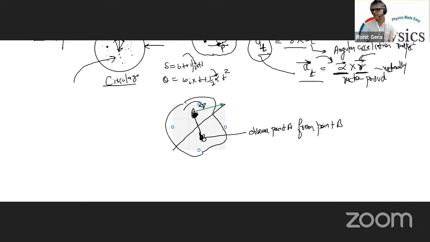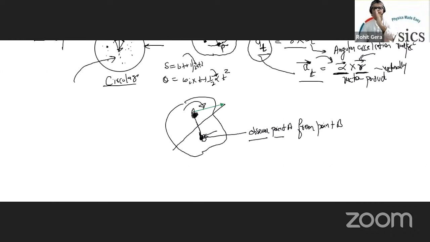So it will appear to be perpendicular to the AB line. Okay, and so if you are standing at B as an observer, and you look at point A, it is rotating, and to you, you become the center of that circle, and you find that A is moving like this.